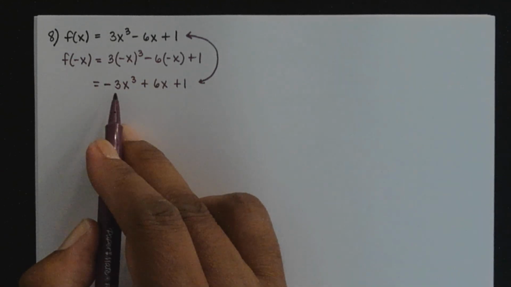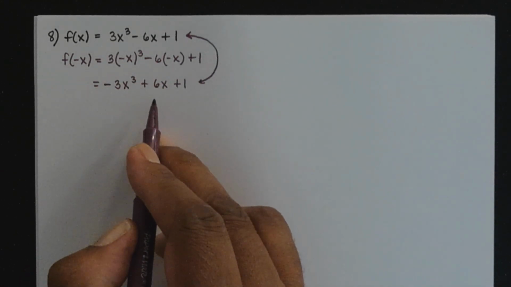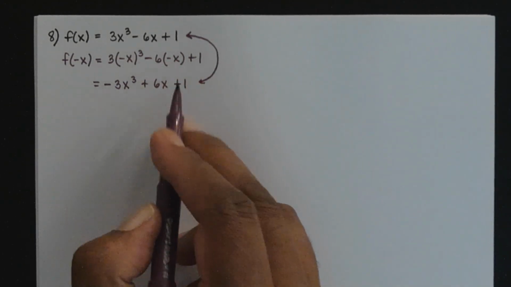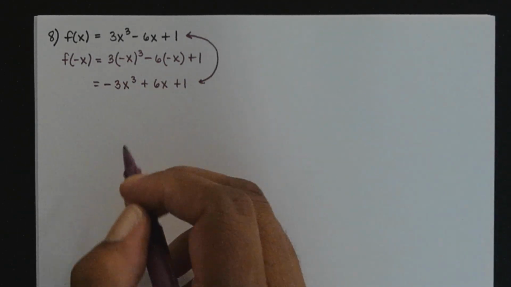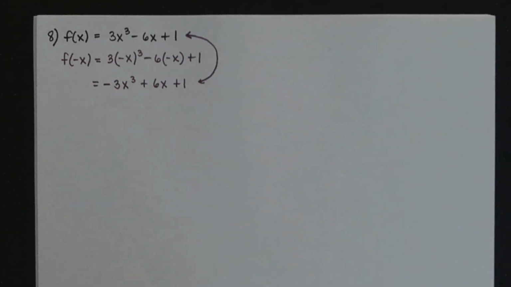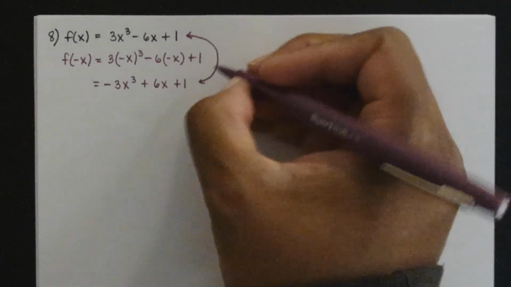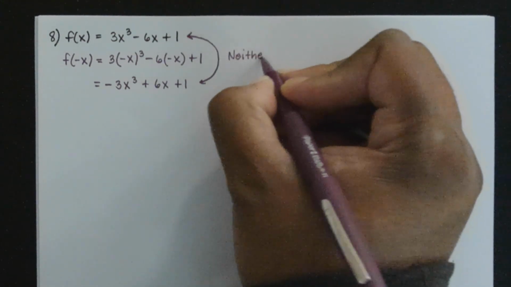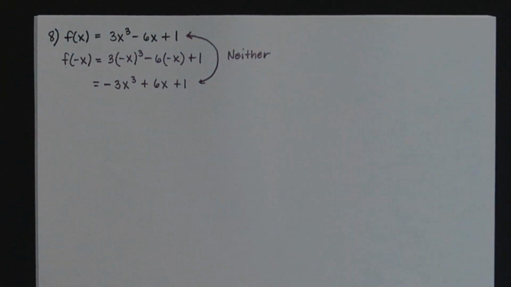The first term and the second term are the only 2 terms that change to the opposite sign. That plus 1 remains the same. For it to be odd, every single term must change to the opposite sign. So this function is neither odd nor even.